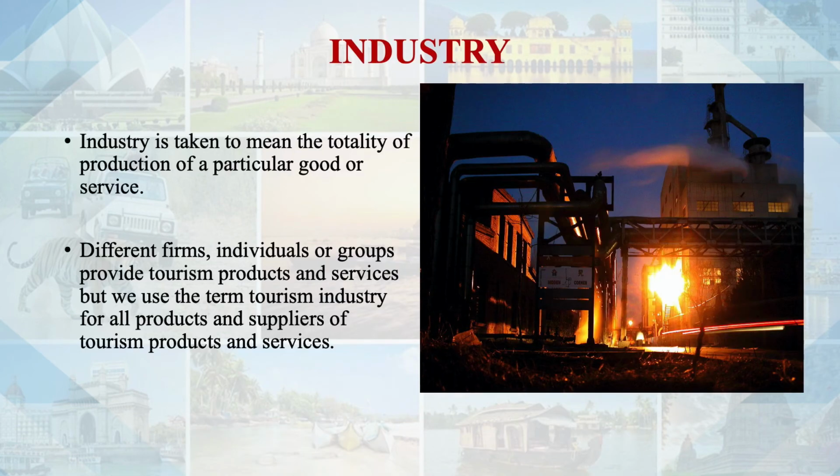And obviously this industry is an umbrella term under which all the particular goods and services from a particular section of businesses are done. It's called industry, right? Now, there are many different firms or companies that manufacture motor cars, from the economy level to very, very expensive cars, but all of them fall in one category or one umbrella, which is called industry.